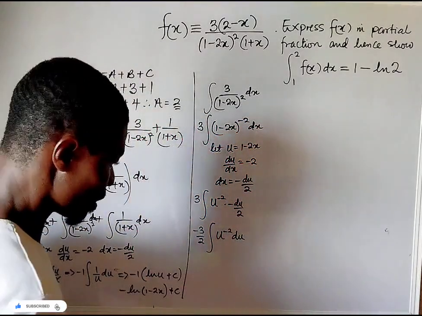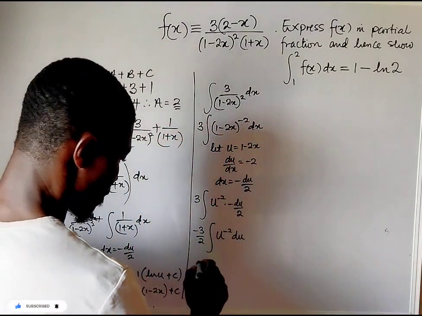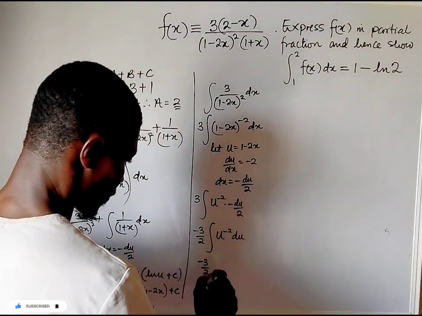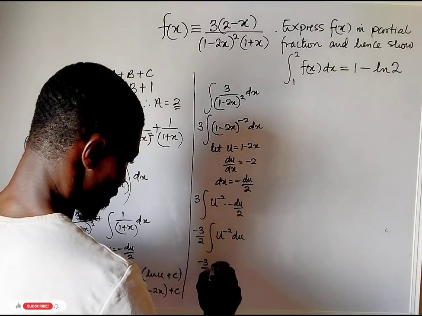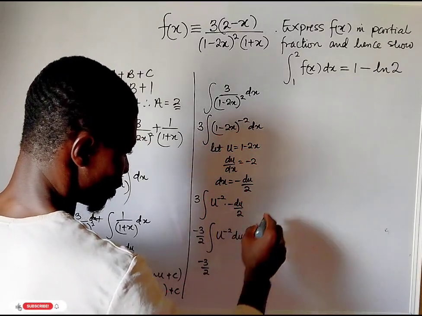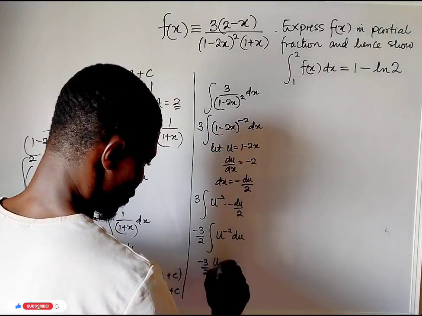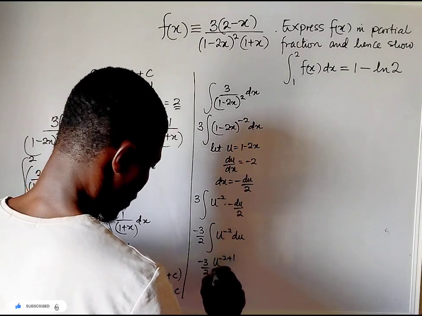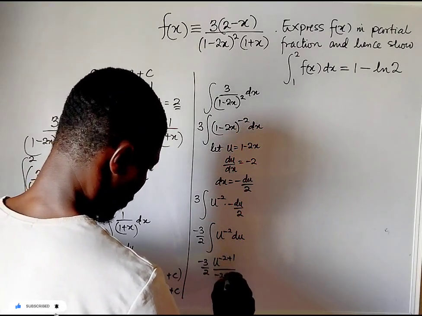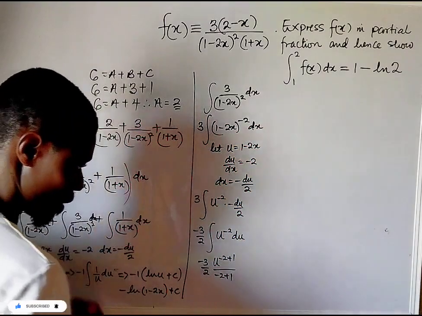Now integrating this, we have minus 3 all over 2. Take note, this will be u to the minus 2 plus 1 all over minus 2 plus 1.